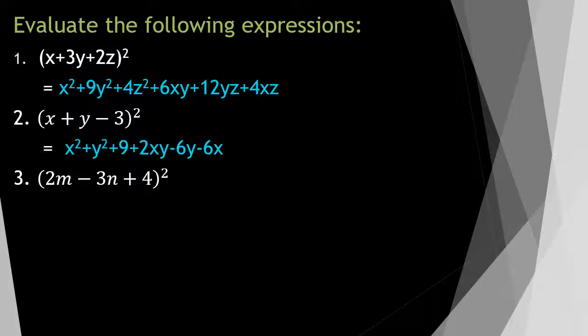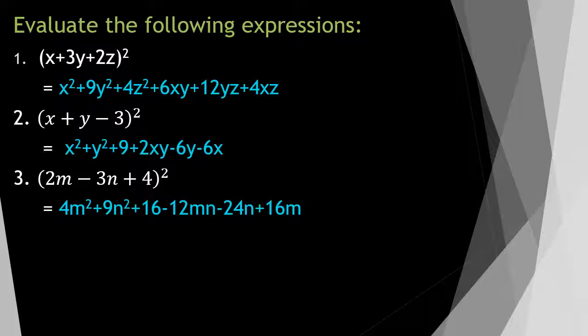Proceeding to our third example, we have quantity 2m minus 3n plus 4, quantity squared. As you can see in its answer, we have negative signs on the fourth term and the fifth term of the product.